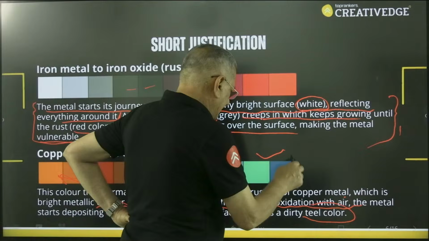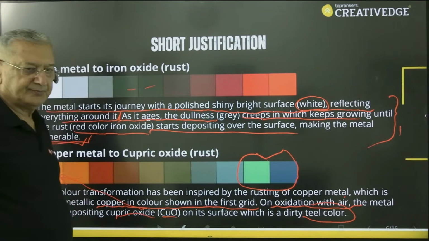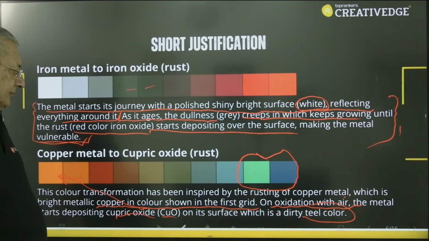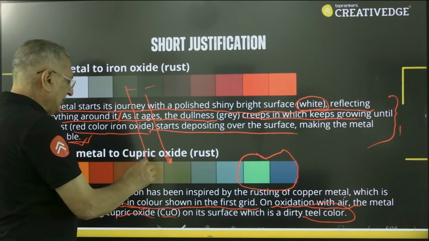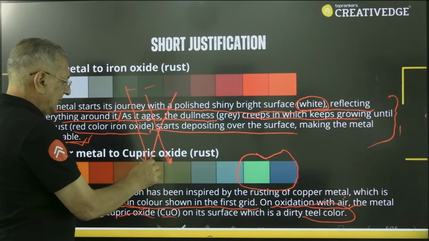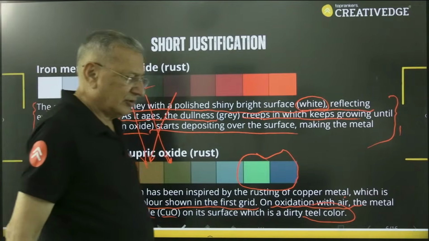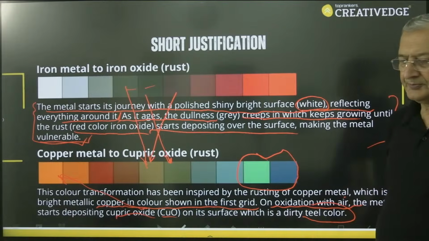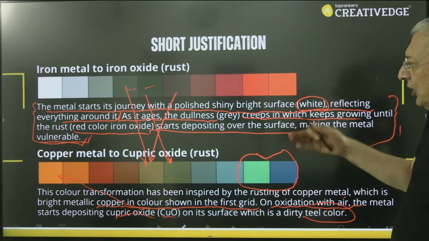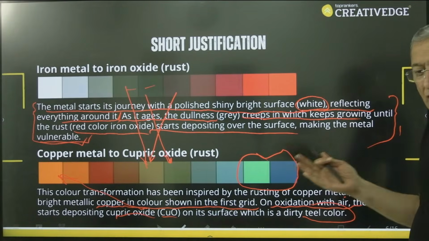This one. Like in iron, the in-between thing is something similar. Brownish, grayish, green. So once you have got such a beautiful write-up, you can expect good marks coming to you.